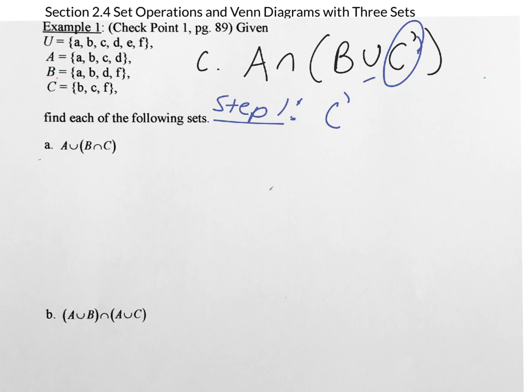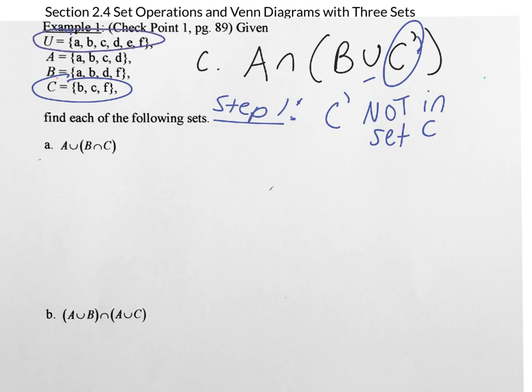And C complement means what's not in that set, so it's not in set C, but still in the universal set. So here is C, and we're comparing it to the universal set. So if set C had B, C, F in it, let's get rid of B, C, F. And the elements that are left in the universal set are A, D, and E. Or think of complement as the opposite.